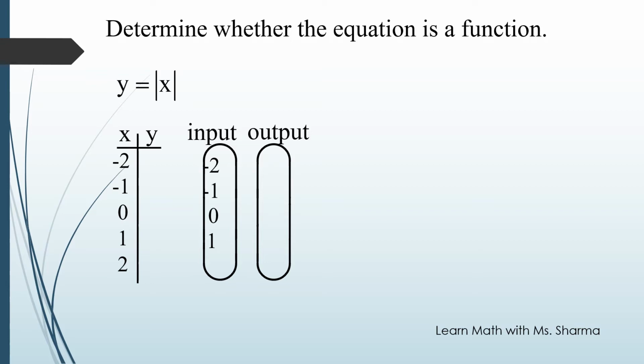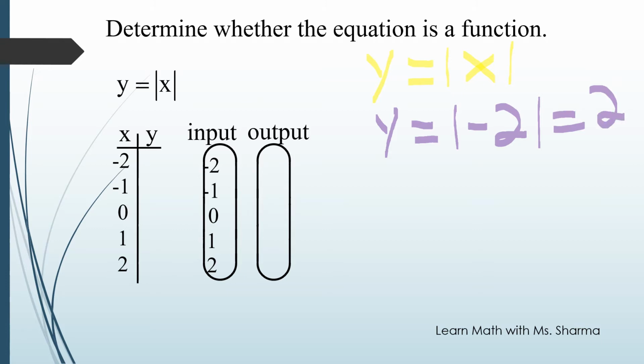So y equals absolute value of x. Now, if x is -2, y will be 2, positive 2. When x is -1, the absolute value of -1 is 1.